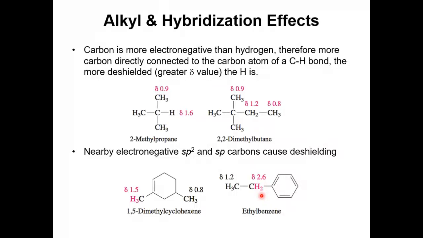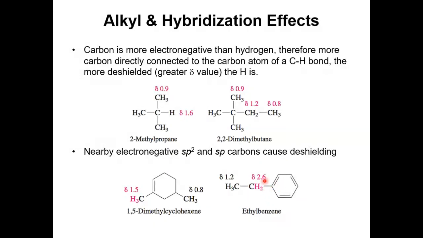Sp2 hybridized carbons are a bit more electronegative than sp3 hybridized carbon. So this ring, if we consider inductive effect, is somewhat electron withdrawing. So it reduces electron density on those 2 red protons and makes the chemical shift value a bit higher.